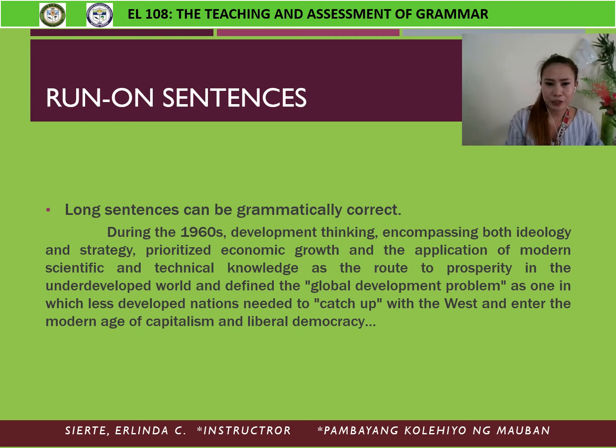During the 1960s, development thinking encompassing both ideology and strategy prioritized economic growth and application of modern scientific and technical knowledge as the route to prosperity in the underdeveloped world, and defined the global development problem as one in which less developed nations needed to catch up with the West and enter the modern age of capitalism and liberal democracy.